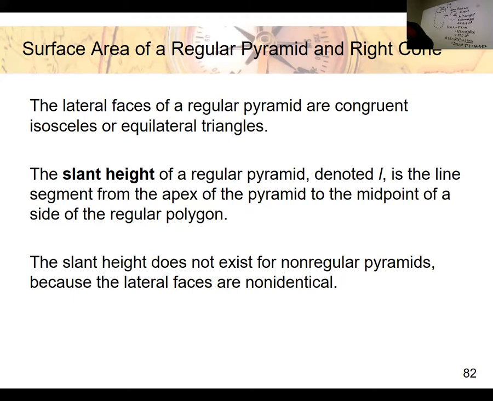Equilateral triangles means all 3 sides are equal in that triangle. Now, here we're going to talk about the slant height of a regular pyramid. That's denoted by lowercase l. That's going to be the line segment from the apex of the pyramid, or what they call the tip of that pyramid, to the midpoint of a side of a regular polygon. That's going to be the height that's on the face of that pyramid.